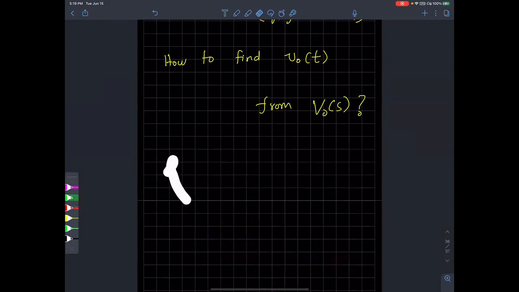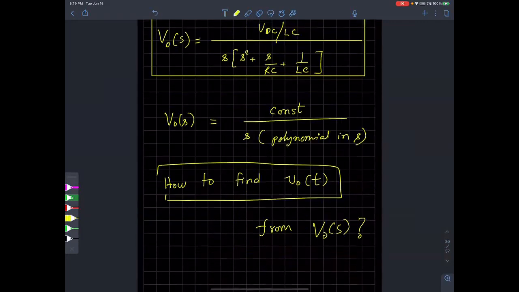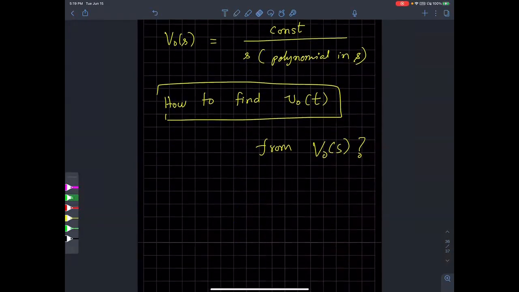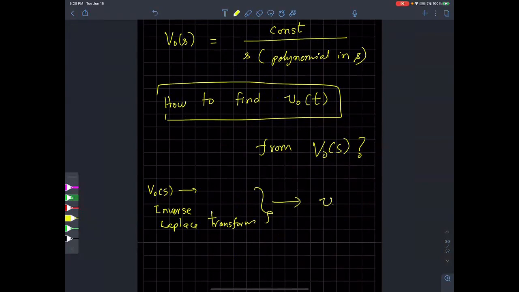Once we do all our calculations in this form, from V of S, we have to take an inverse Laplace transform. If you take an inverse Laplace transform of V of S, that will give us V of t.